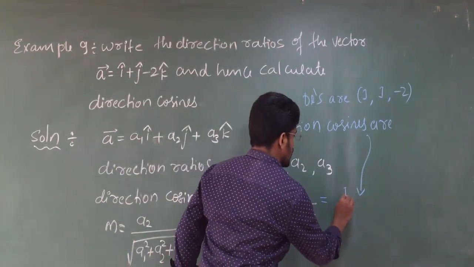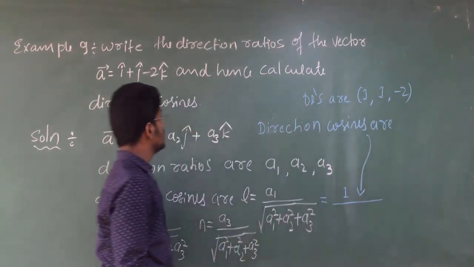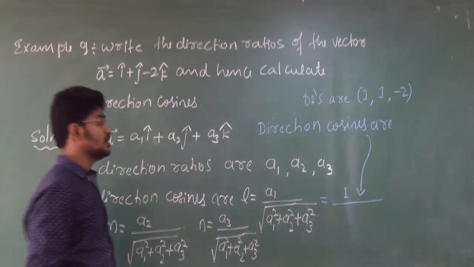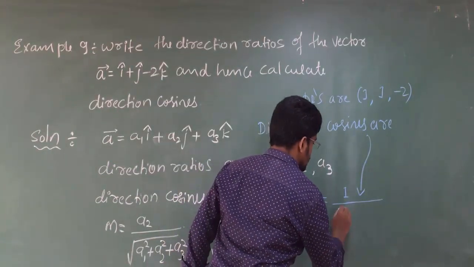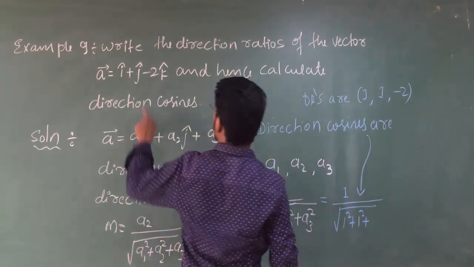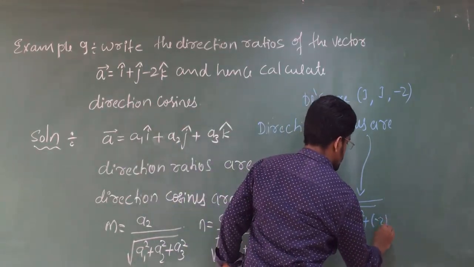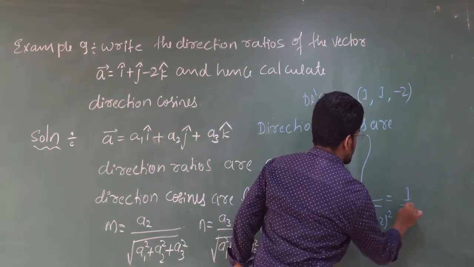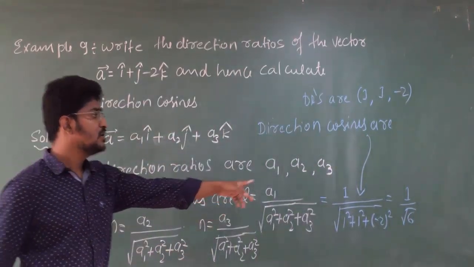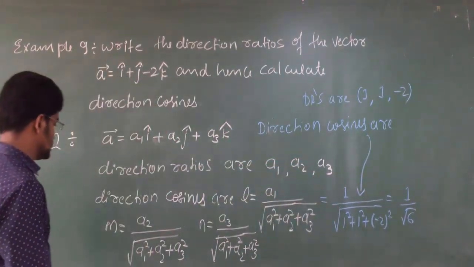So that is 1 divided by square root of 1 square plus 1 square plus minus 2 square, which is 1 by root 6. l is 1 by root 6.